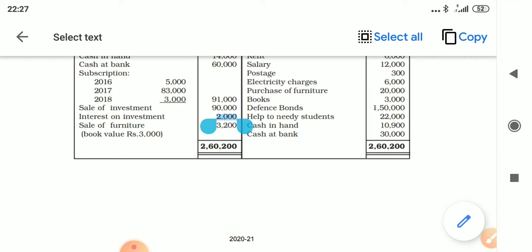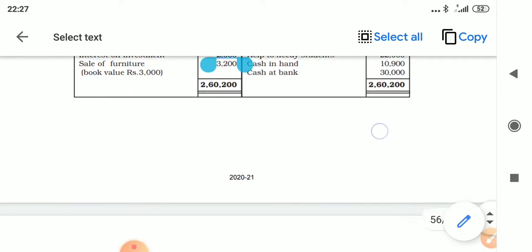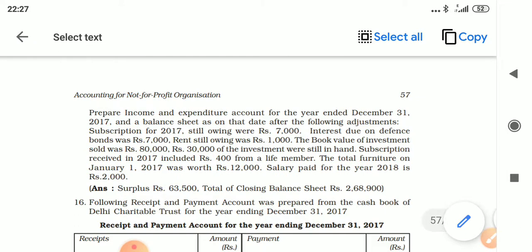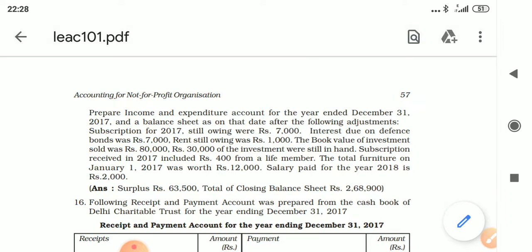But we have seen something to this regard in the adjustment. I am just searching for it. Yes, here it is. No, it is interest due on defense bonds.